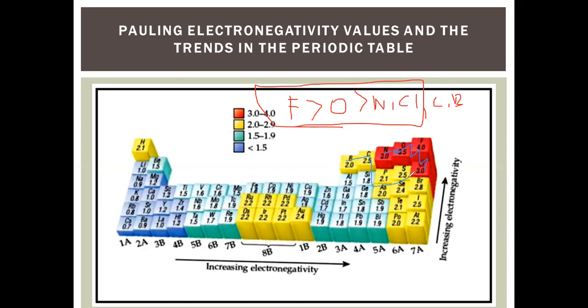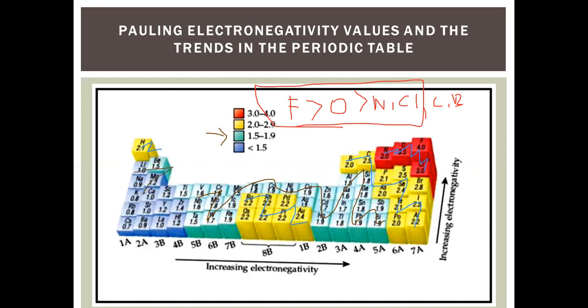The yellow color, the second set of 2 to 2.9, shows the second set of electronegativity atoms. And then your blue color is a light color. They show the transition metals, other metalloids and the metals showing less electronegativity. We are telling either it's less electronegative or an electropositive atom.